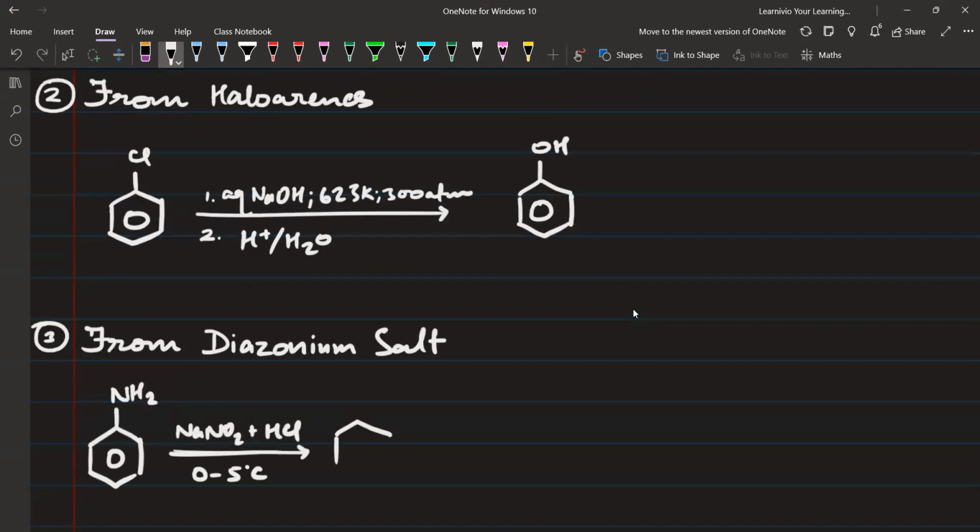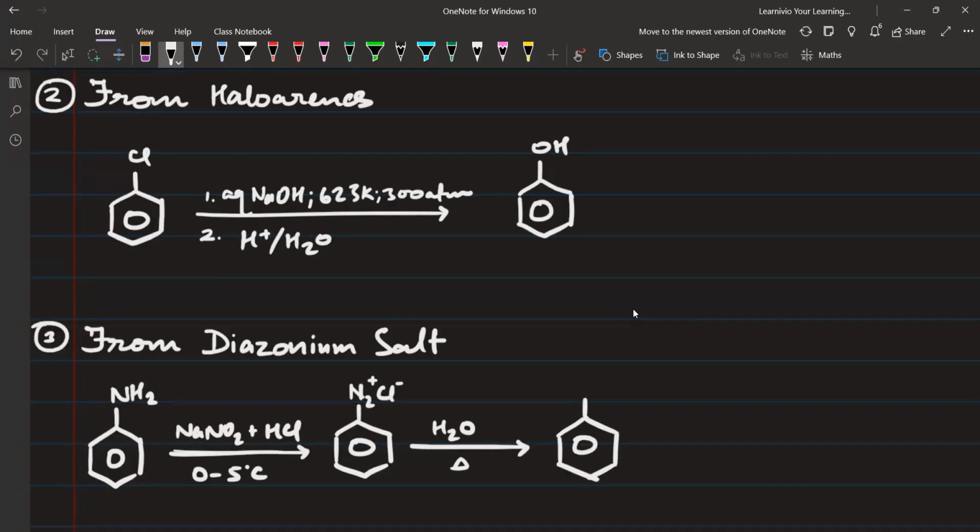You will get diazonium salt, N2 positive, Cl negative. React this with water, that is H2O, in the presence of some heat, and here you will get phenol.